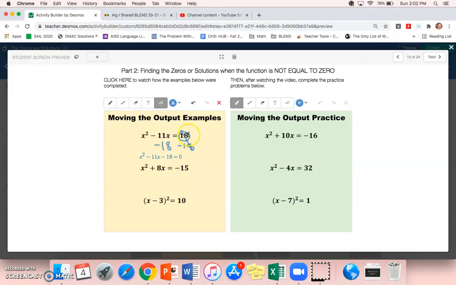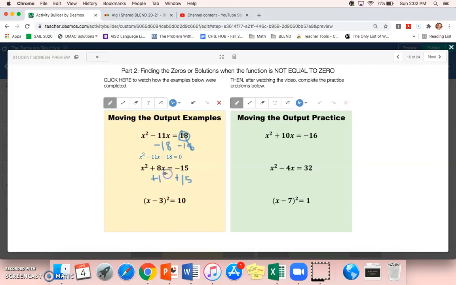You'll notice a pattern here. The only thing that's changing is this number on the end moves to the other side and the sign changes. So I'll show one more example that looks very similar. If I see the output is negative 15, what's the opposite of negative 15? Positive 15. Anything I do to one side, I want to keep the equation the same, so I do the same to the other side.